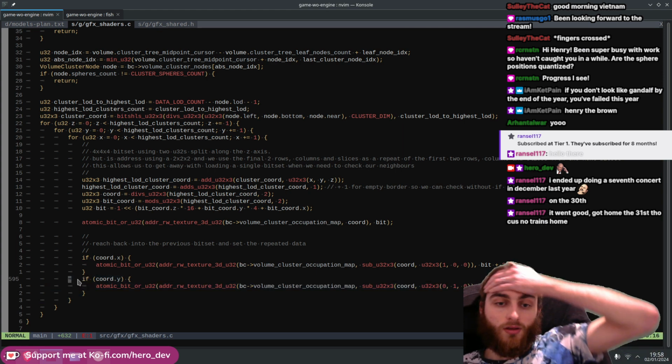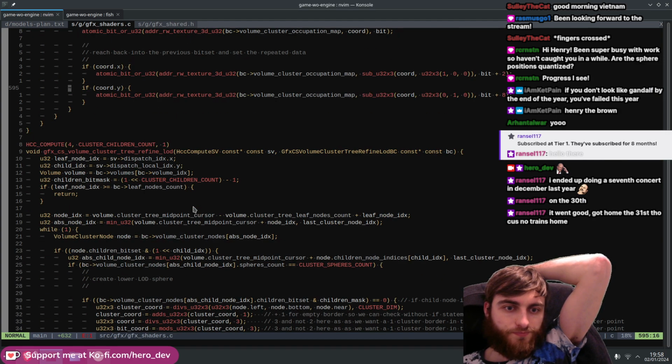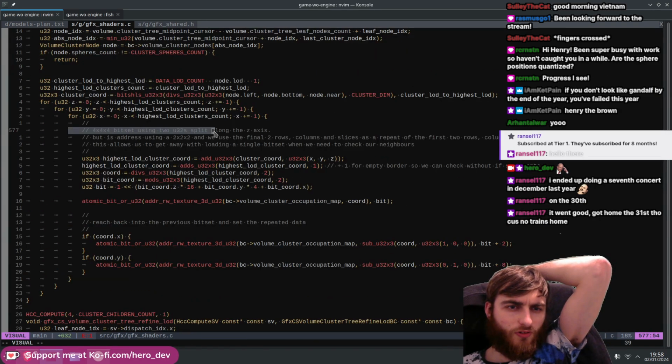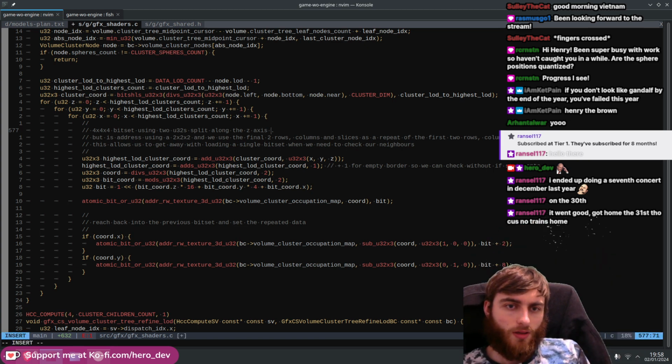Excellent. So this means when we do the addressing, when we read from this, I've got to change this comment. So it's a 4x4x4 bit set, you split along the Z axis, right? It's not, okay, it's a 4x4x2 bit set, right? Yeah.